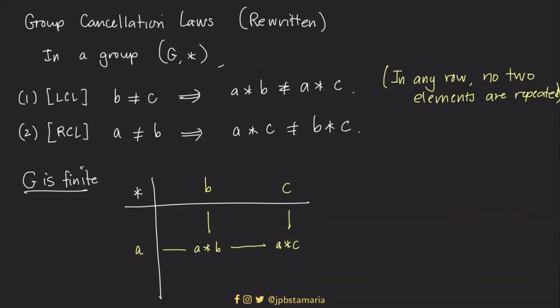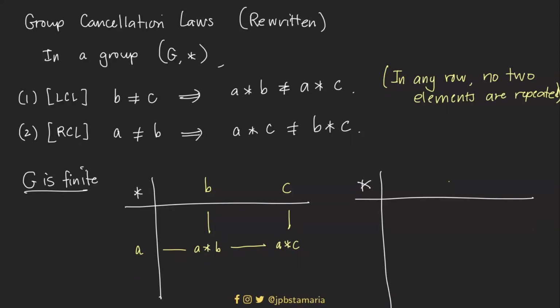And what does the RCL say this time? I think you can make an interpretation for yourself. So, how about the RCL now? Nothing is repeated in any column. Because this time, the common element is C and it is on the right.